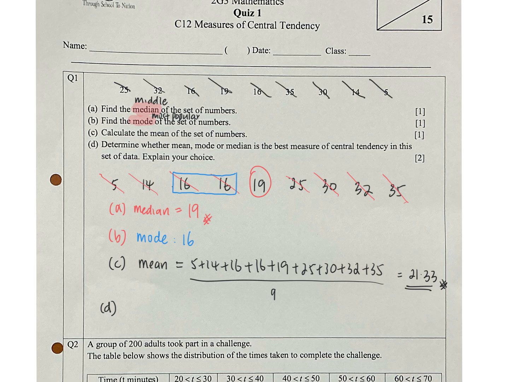So that data 5 is an outlier. Because you have an outlier, then median is the best. If not, it will always be mean, because mean takes into account every data. But if you have a very small one or very big one, then you choose median.